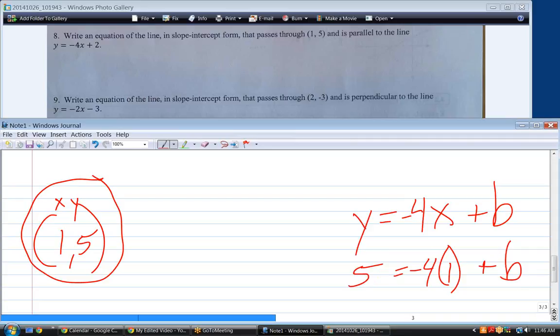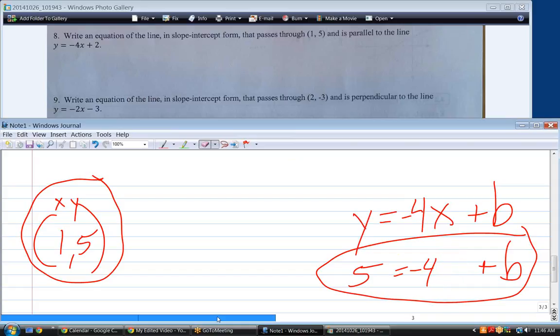What's b equal to? Next, 5 is equal to negative 4 plus b. Solve that equation for b. What do you have to do to solve that equation for b? You would have to combine the like terms. So negative 4 times 1 is negative 4. That's easily done.